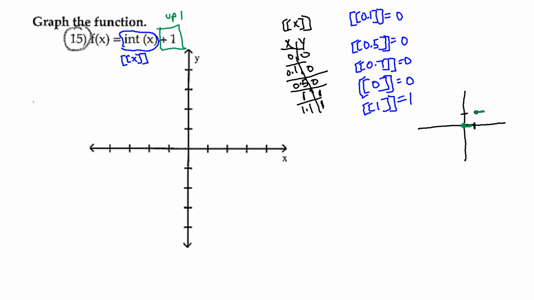So for the next set of values, 1.1, 1.2, 1.3, they're all going to be at 1. If we continue this pattern to the rest of the numbers, our floor function would give us something that looked like stairs.